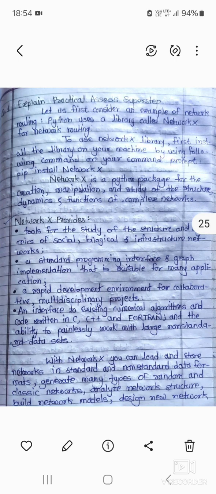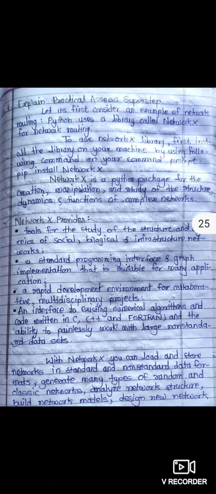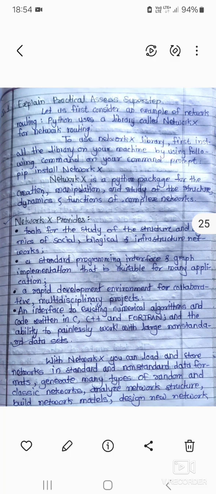Means first you have to install the NetworkX library on your machine by using the following command on your command prompt: pip install networkx. NetworkX is a Python package for the creation, manipulation, and study of the structure, dynamics, and functions of complex networks. Means you first have to install the NetworkX library on your Python application by using a command like pip install networkx.